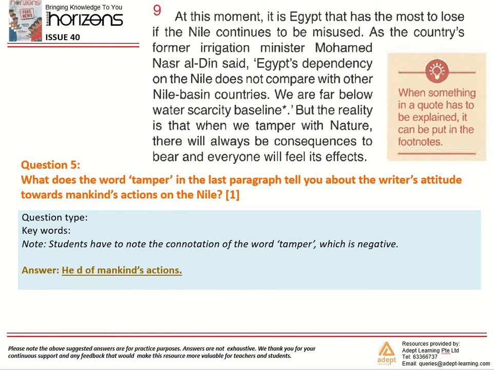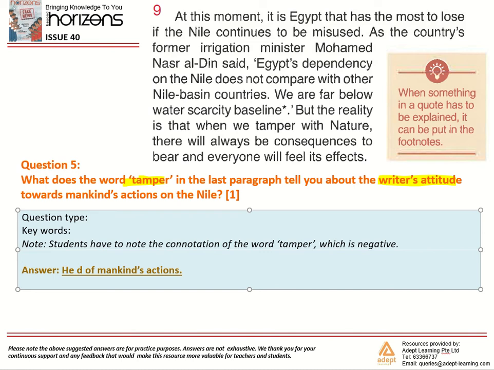Next question. What does the word temper in the last paragraph tell you about the writer's attitude towards mankind's actions on the Nile? So, the key will be writer's attitude. I'm also looking at the word temper. This type of question, writer's attitude, you cannot find the answer very obviously.